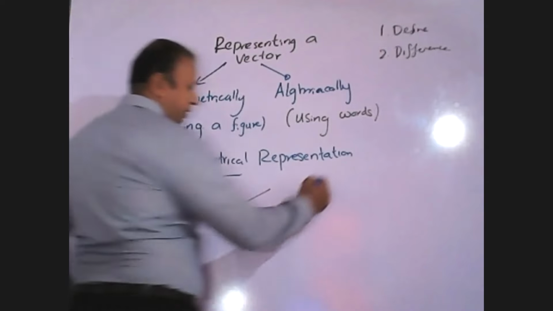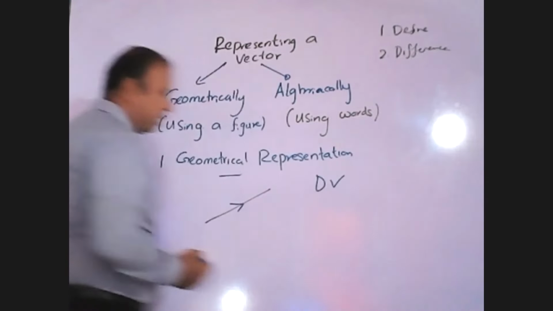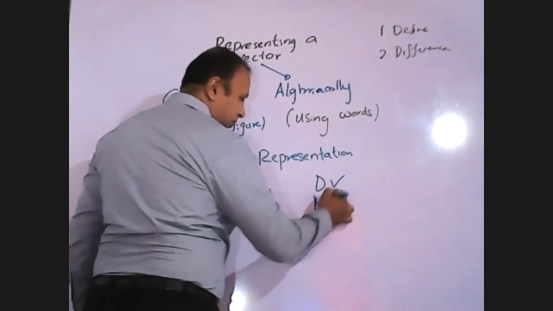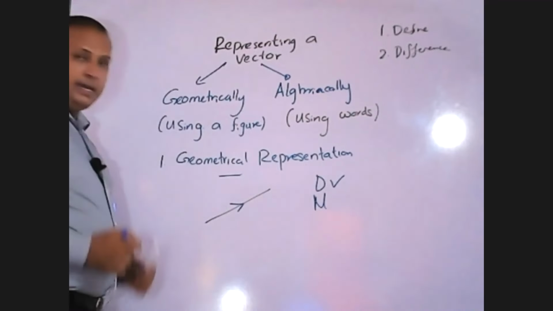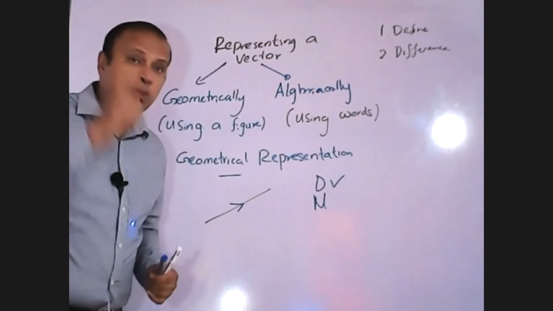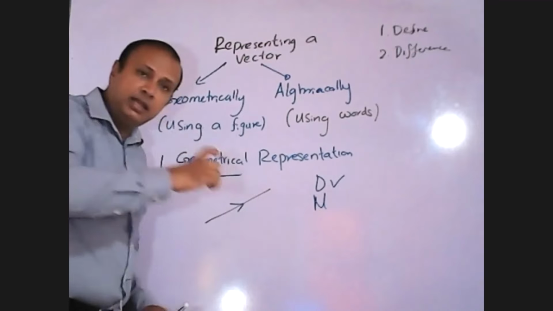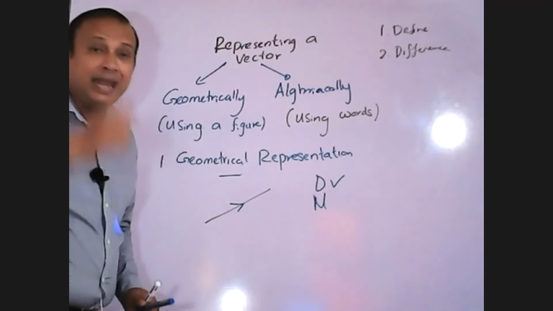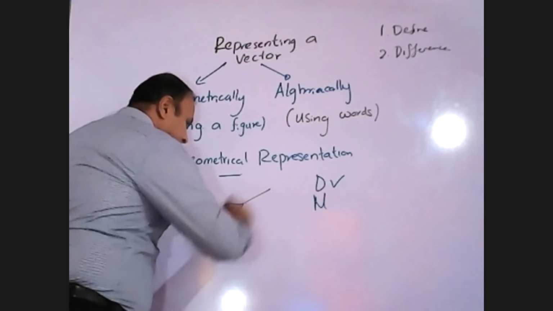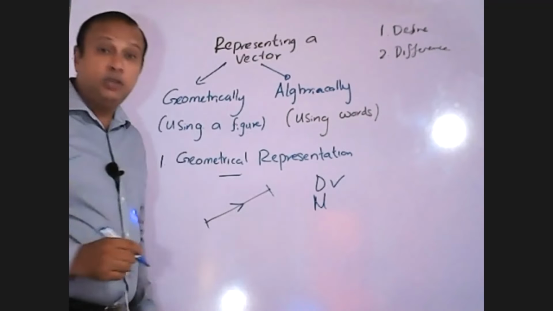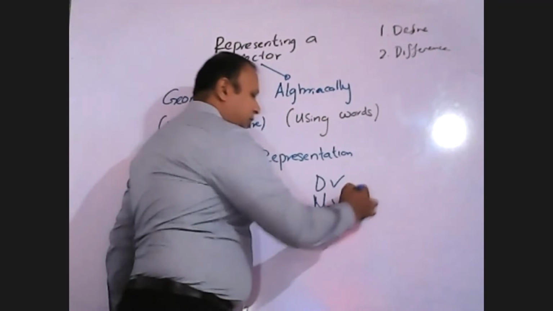Now direction is okay. Then, how to represent the magnitude? In this case, we can use the length of the line segment to represent the magnitude of the vector.